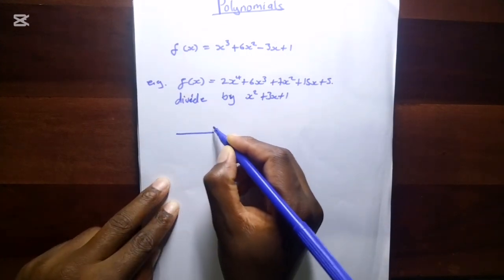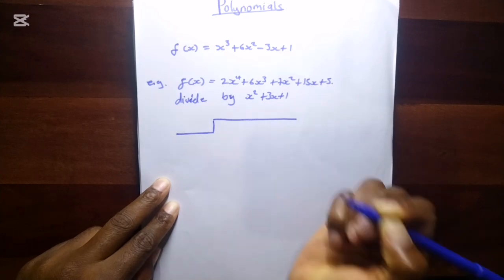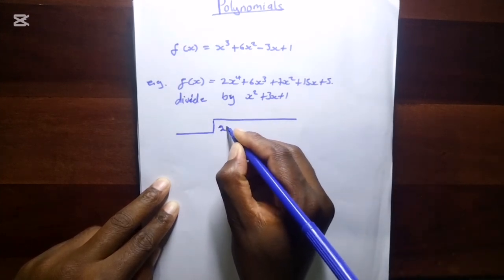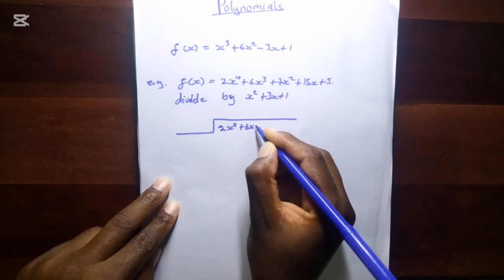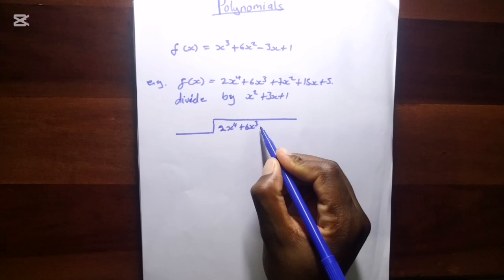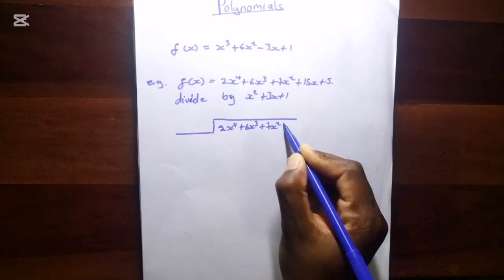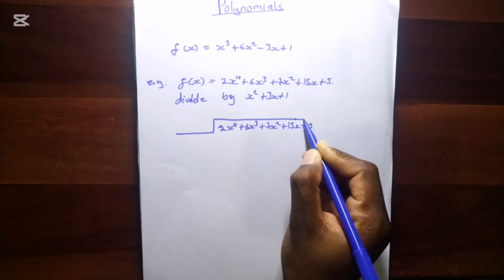So this is how we do it. Then we put our f of x here, which is 2x to the power 4 plus 6x cubed plus 7x squared plus 15x plus 5.